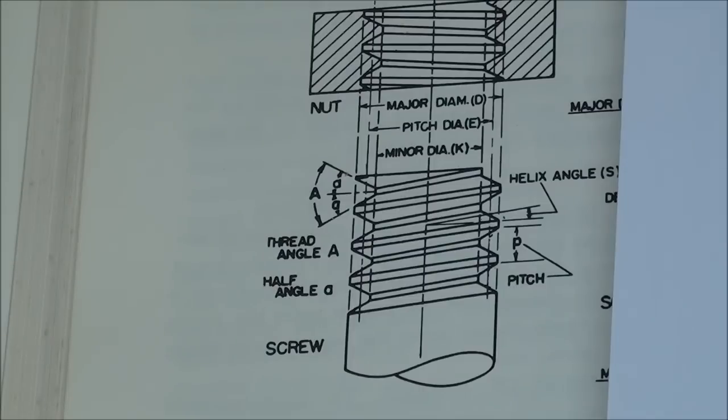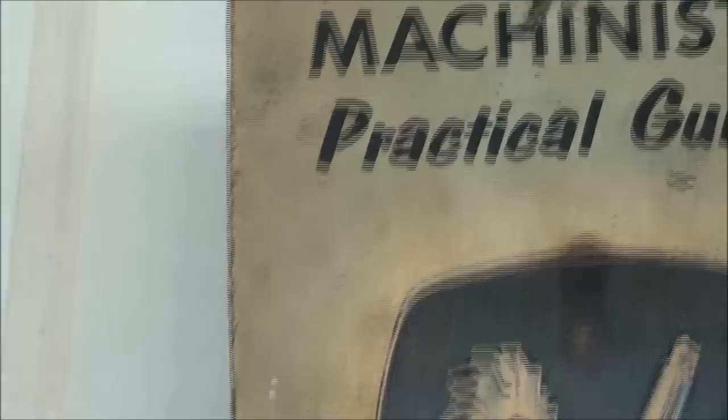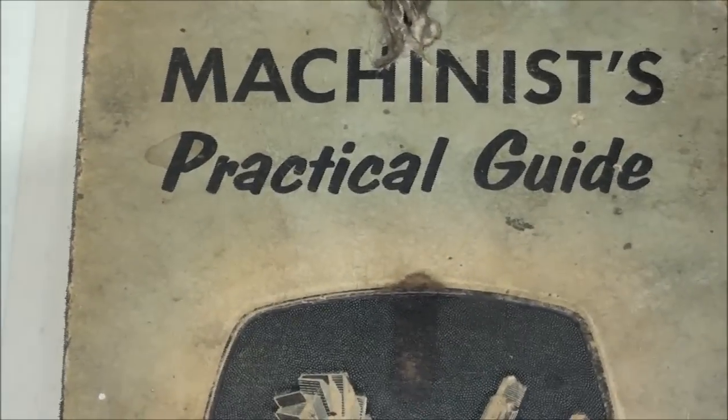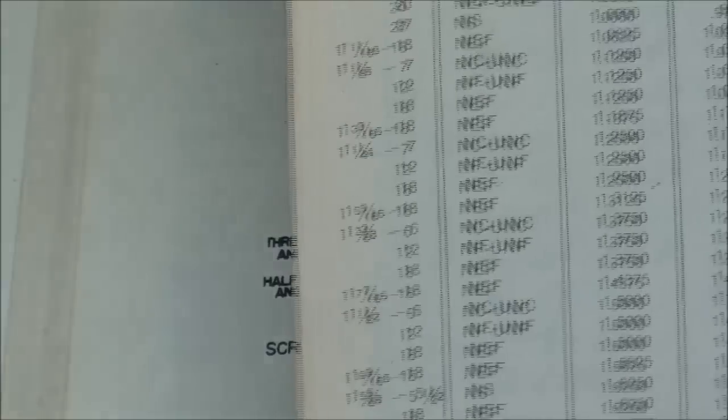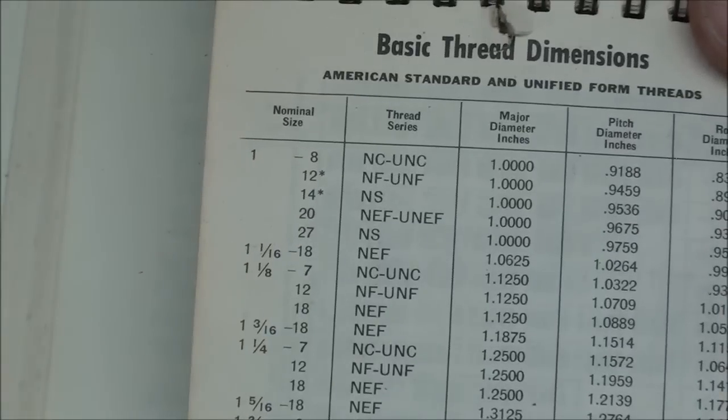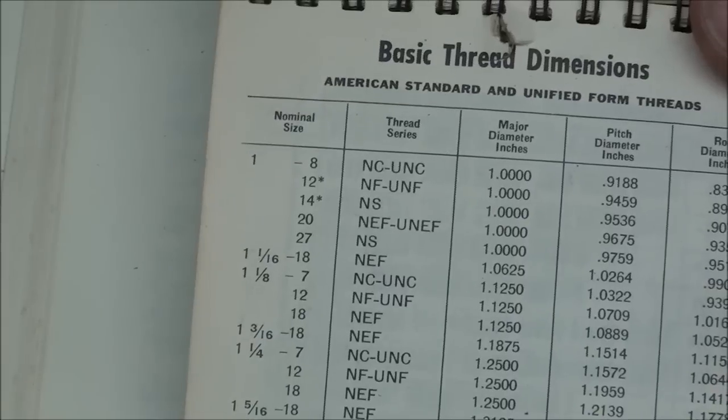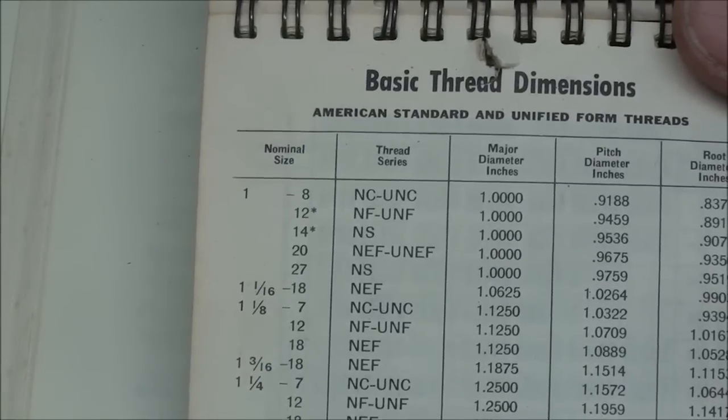And all that information can be found in books and in charts. I showed this in the last video, Practical Machinist Guide, Machinery's Handbook, and they will all devote many pages to thread dimensions. So study up on that if you need to.